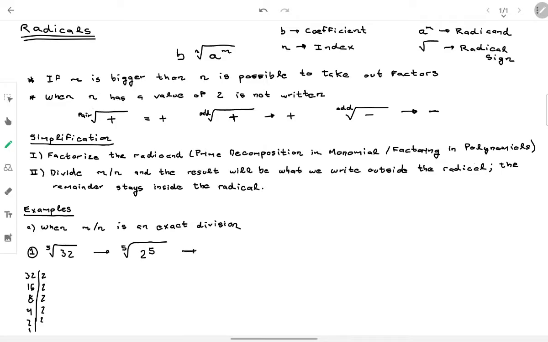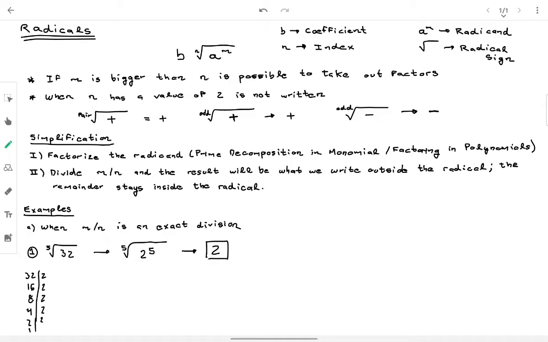If we divide 5 by 5, it's 1. So the answer of this fifth root is going to be only the number 2. That's a simple exercise of how to do a radical simplification when the index and the power of the radical are an exact division.